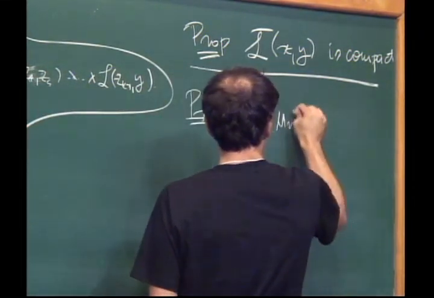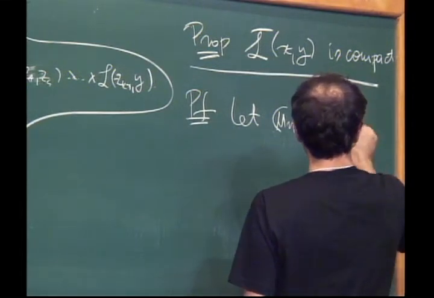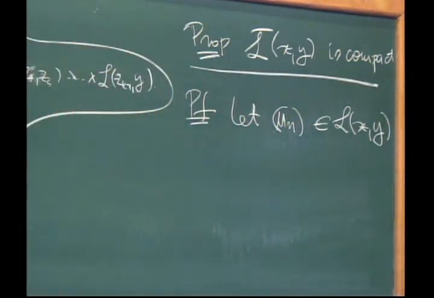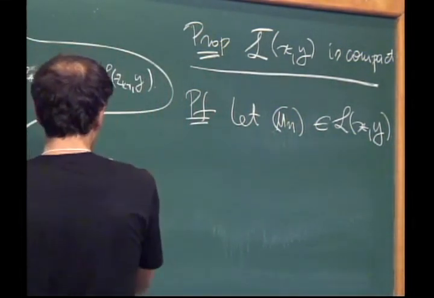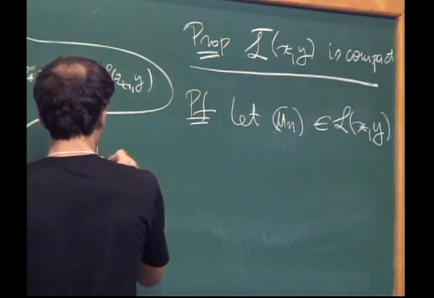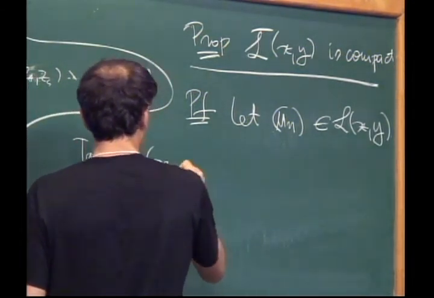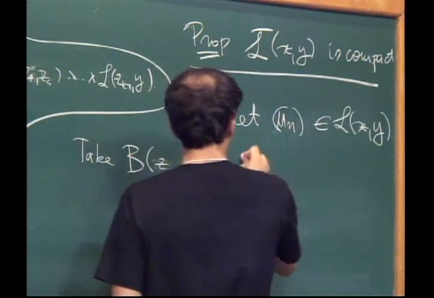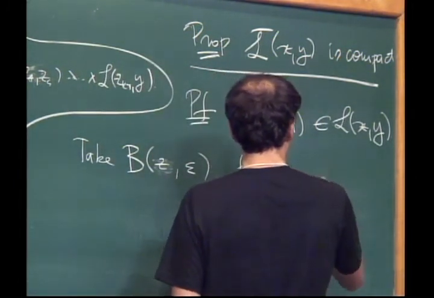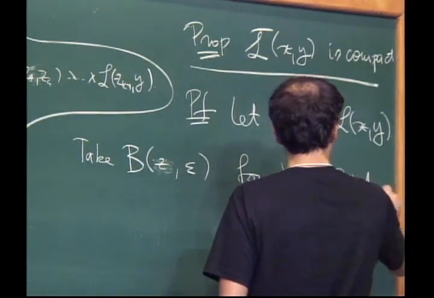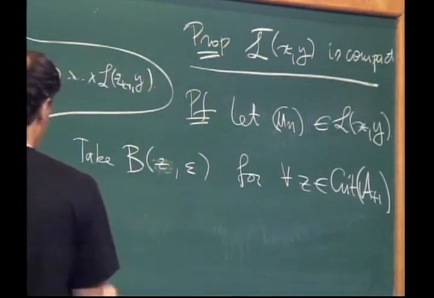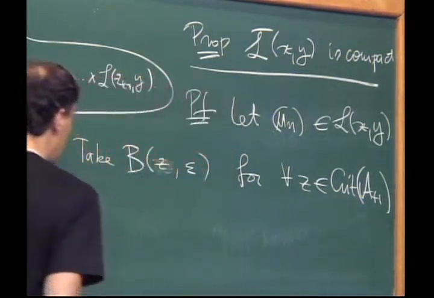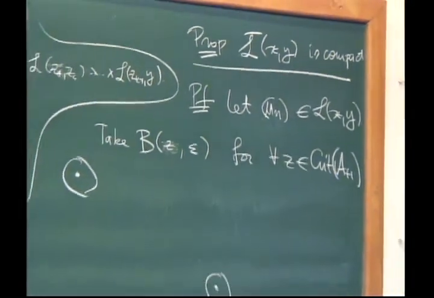Let UN be a sequence in L(X,Y). And what I will do is, as before, take these balls B(Z, epsilon) for any Z critical point of H. And again, I will do my proof in this space of trajectories in omega.